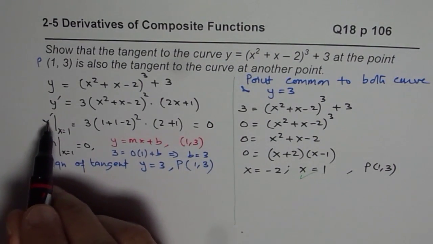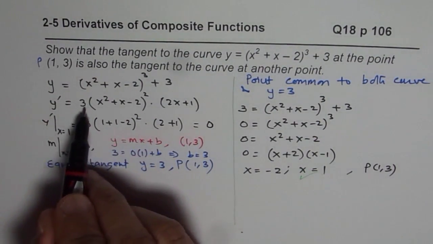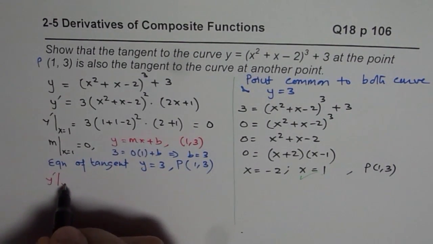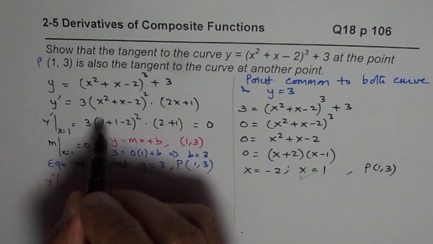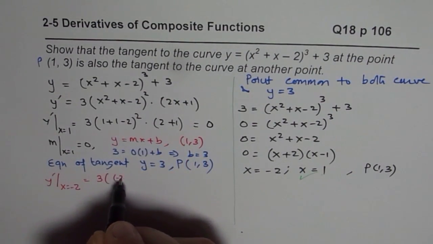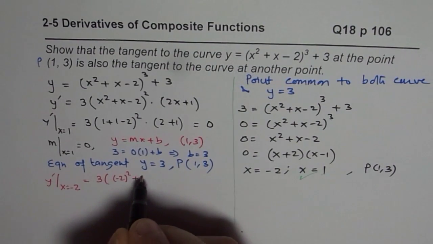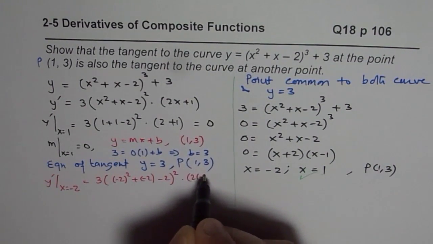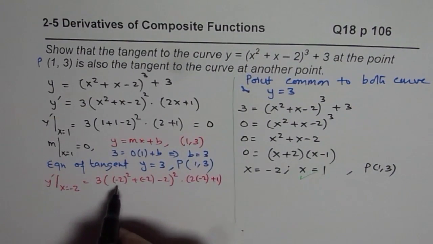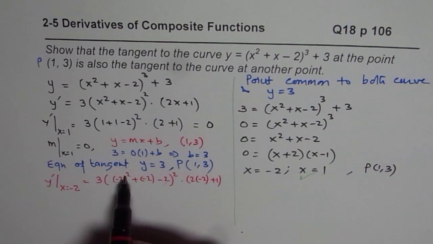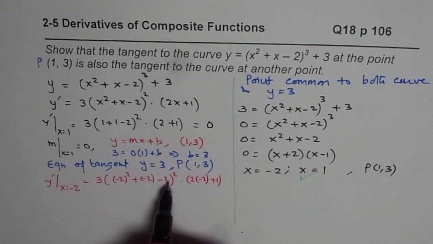We know the slope y dash is given by this expression. So let's find y dash at x equals minus 2. If I substitute minus 2 here, I get 3 times (minus 2 squared plus minus 2 minus 2) whole square times (2 times minus 2 plus 1). Now we know this factor is 0, since 4 plus minus 2 minus 2 is 0.